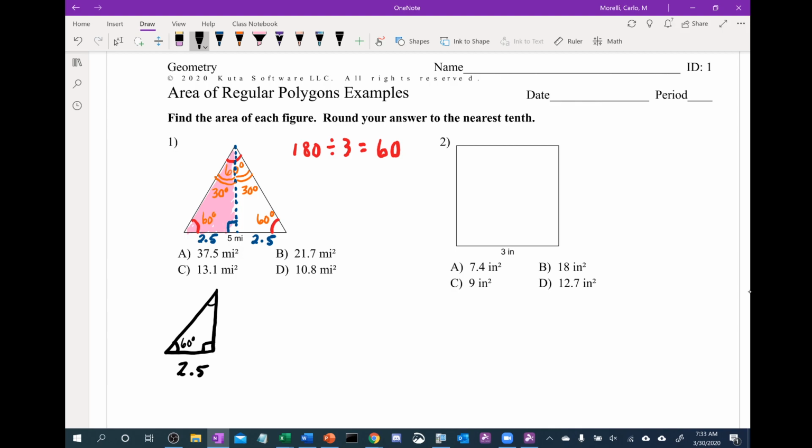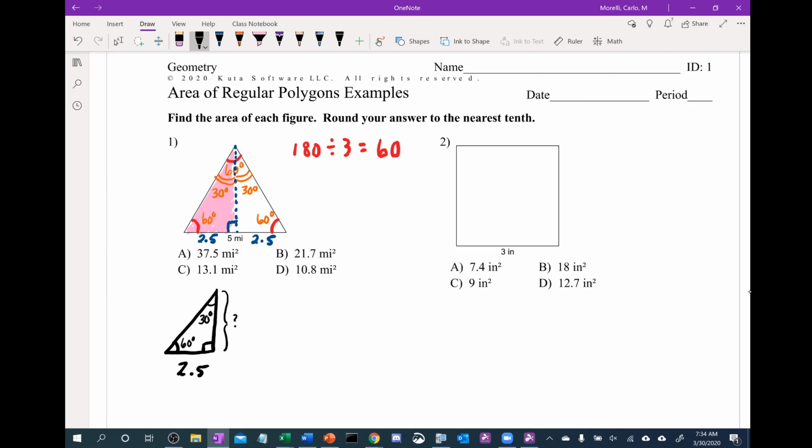And this angle is 30. How can we use trigonometry to find the length of this missing side right here? This is what we need. Remember, this is the height.